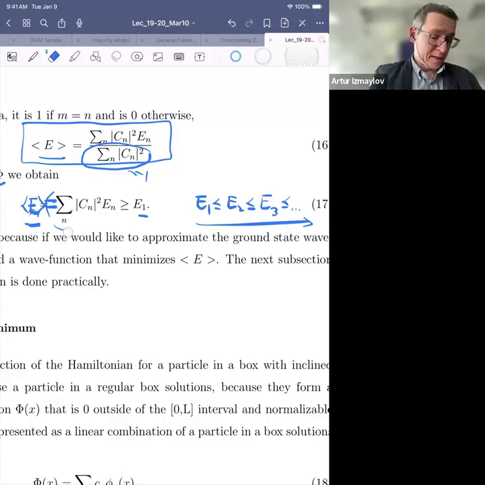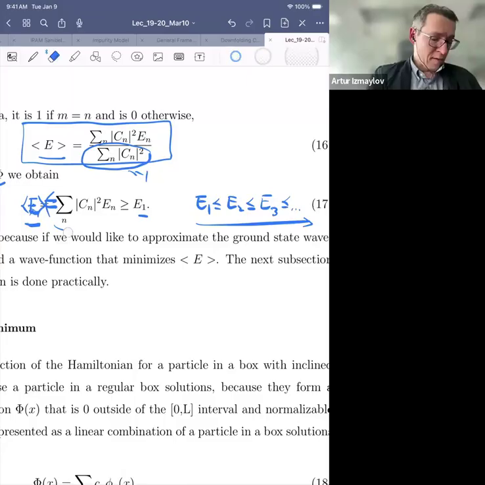So if I take all Ens in this expression and I substitute them by E1, from that, let me write an intermediate statement. So if I did that substitution, the expression that I got is only smaller, right? Because I substituted bigger numbers by the smaller number.